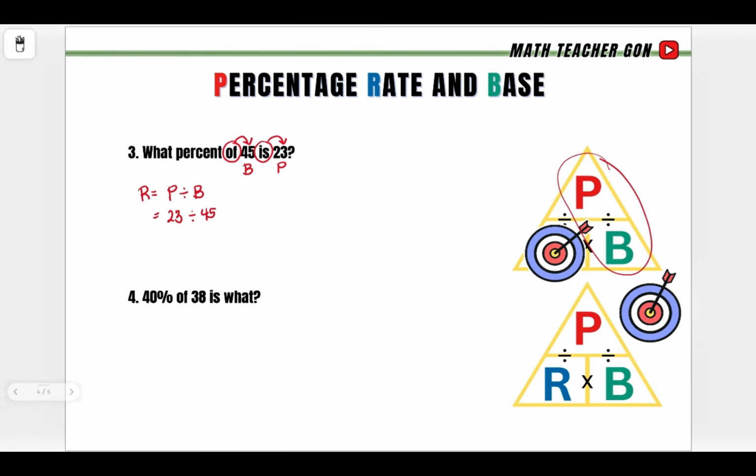Since we are computing for the rate, we need to multiply the answer by 100. So we have here 23 divided by 45, and that is 0.51111 times 100, and that is 51.11.